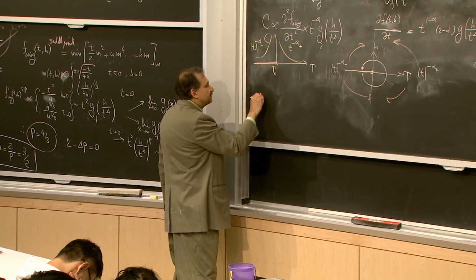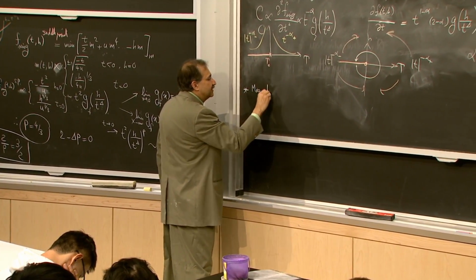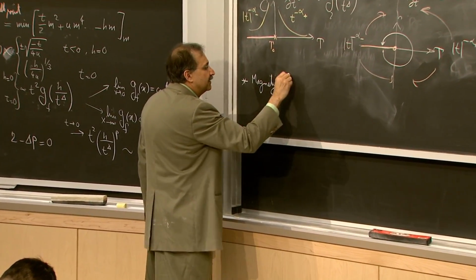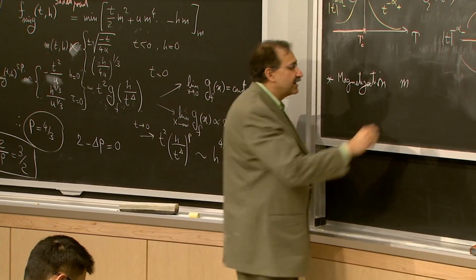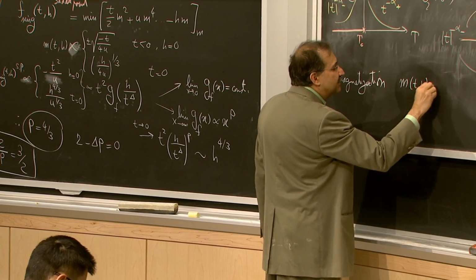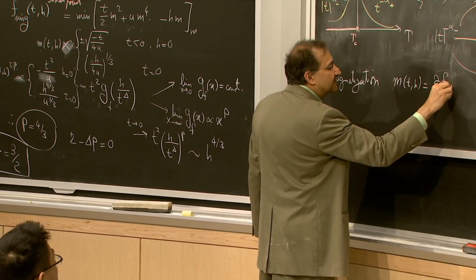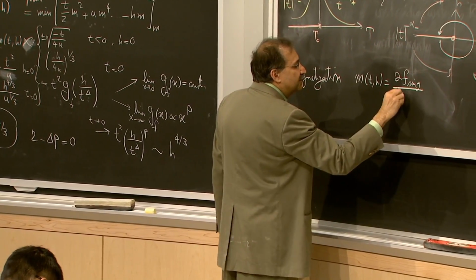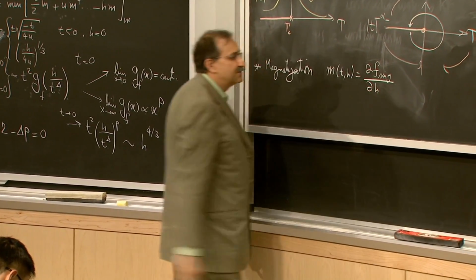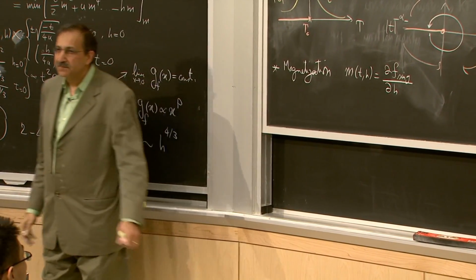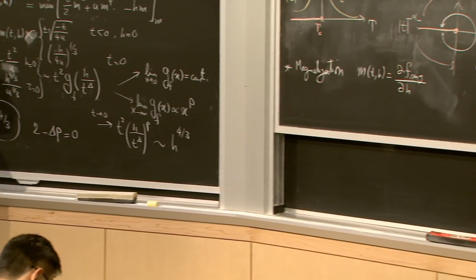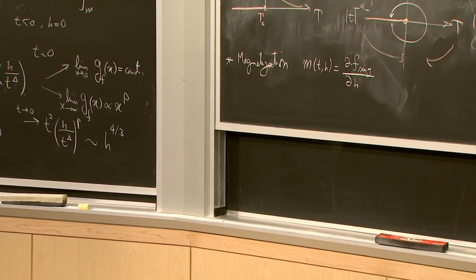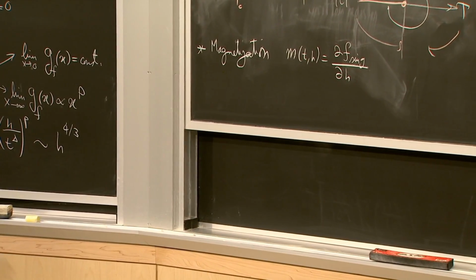In particular, the magnetization m as a function of t and h is obtained from a derivative of the free energy with respect to h. Potentially, it's the response to adding a field, could be some factor of beta c or whatever, it's not important.